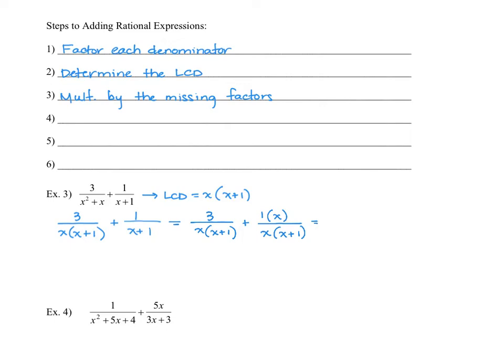The next step is to simplify the numerators. Again, we don't have anything to do on the left-hand side and really not much to do on the right-hand side, but I'll just simplify it to make it look a little bit cleaner.